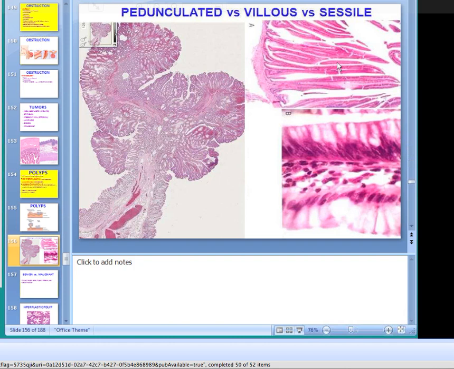Let me tell you something. The villus adenomas have a very, very high statistical relationship to cancer. And a lot of the old surgeons will tell you, and the literature probably supports it, that with time, almost every villus adenoma will eventually develop into a cancer. And that's probably correct.